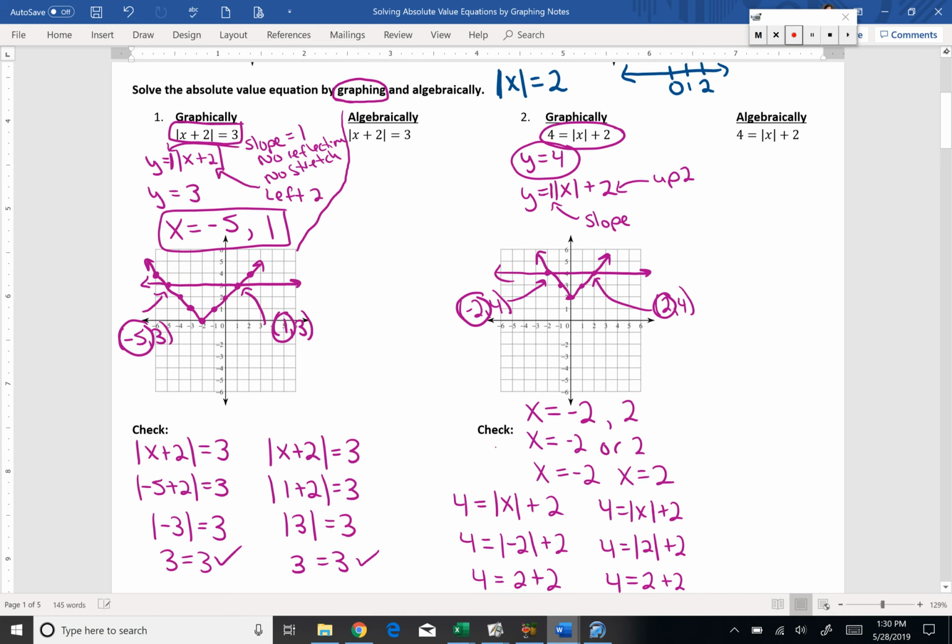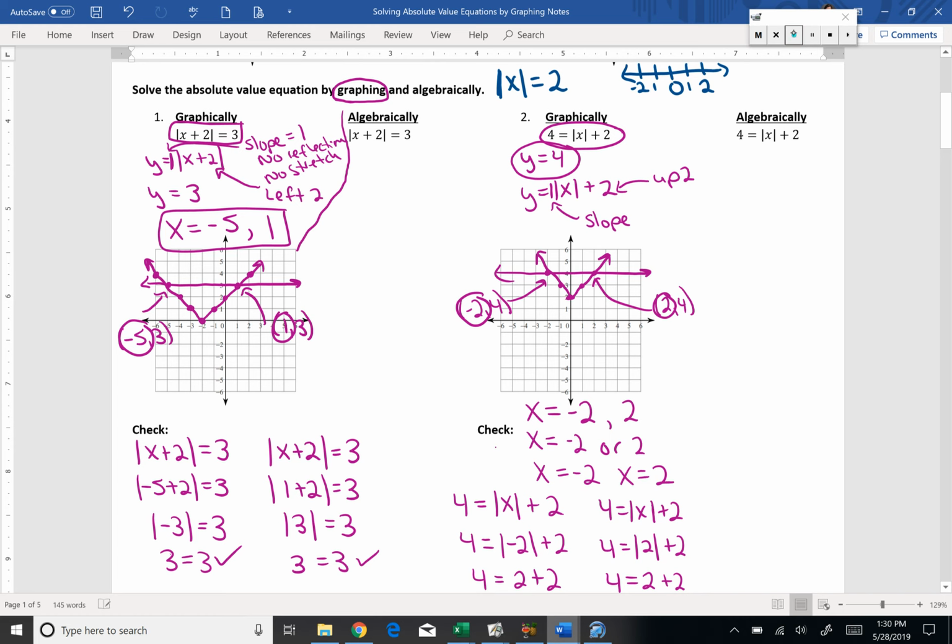Well, the number 2 is 2 away from 0. Are there any other numbers, though, that the distance away from 0 is 2? Negative 2. Yeah, negative 2 is also 2 away from 0. So to answer this basic equation, the absolute value of x equals 2, we have two options.